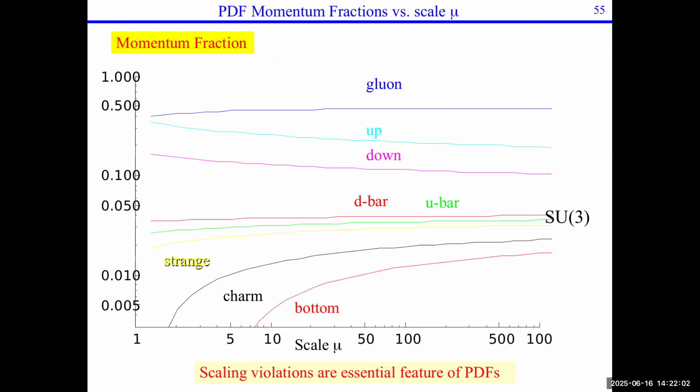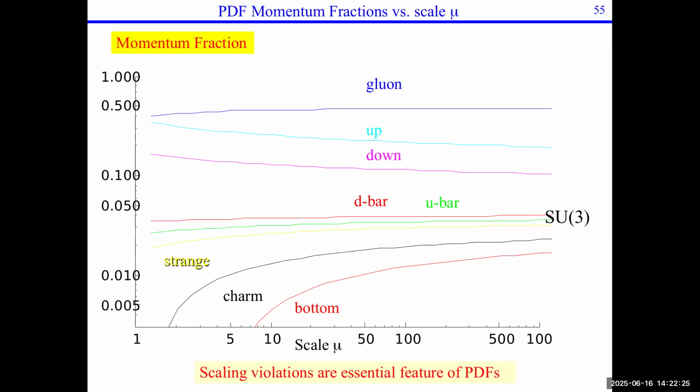What's sort of interesting is to look, you can calculate the momentum fraction of the different pieces of the proton as a function of scale. And so here it is, if you go down to low scale, the gluon, as I said, takes up about 50%. And here's the up quark and the down quark, and there's about twice as much up versus down. And then D bar and U bar are pretty close.